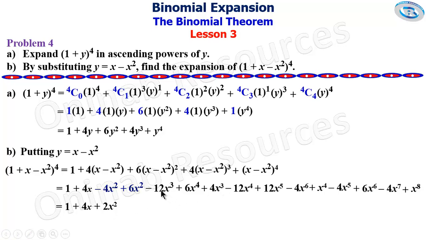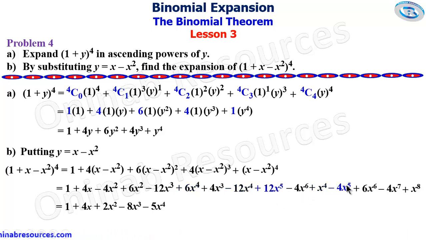The next power is power 3, so we have it as minus 12x raised to power 3 plus 4x raised to power 3, and that will give us minus 8x raised to power 3. Then we go for power 4. 6 minus 12 gives negative 6, plus 1 gives negative 5, so we have minus 5x raised to power 4.